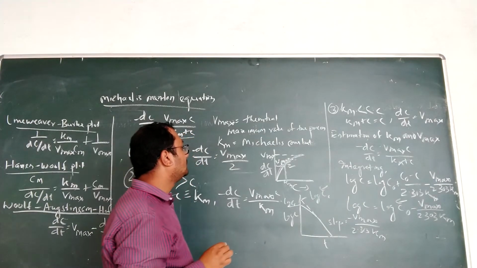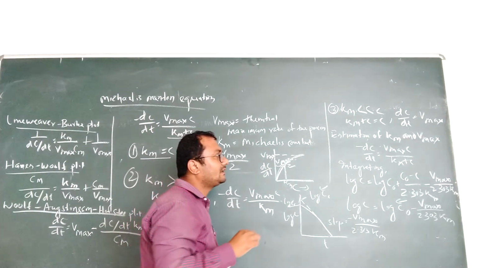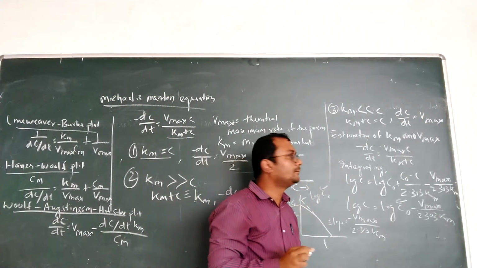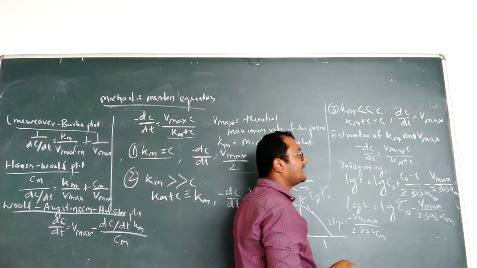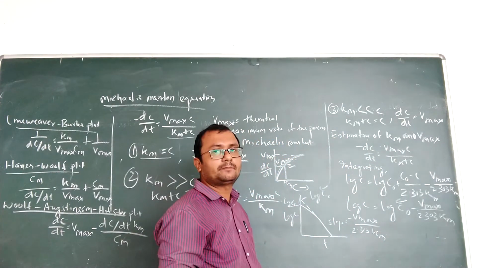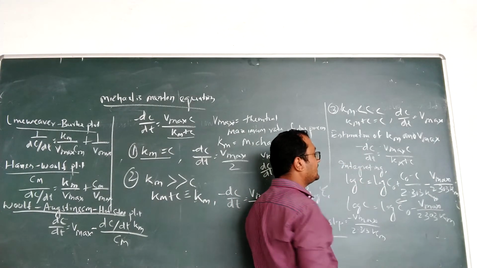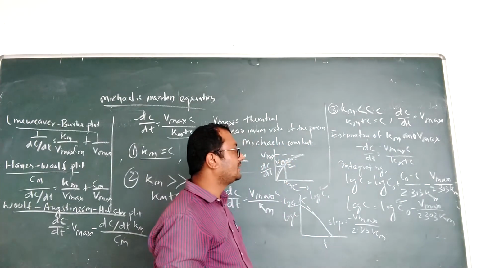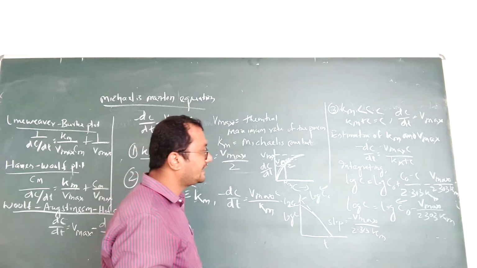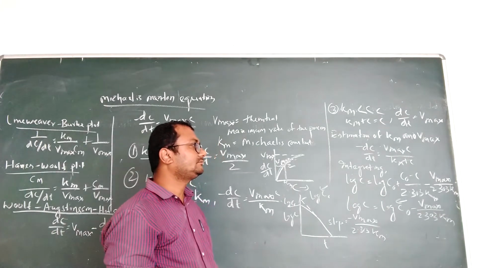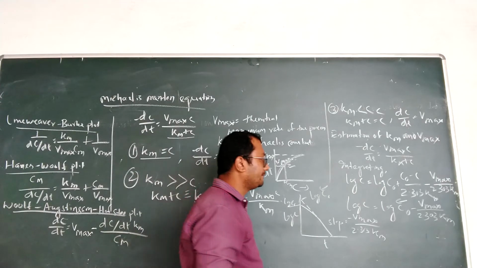Now let us discuss the methods to estimate Km and Vmax values. The main equation is minus dC by dt equals Vmax C divided by Km plus C. If we integrate this equation, we get log C equals log C0 plus C0 minus C divided by 2.303 Km, minus Vmax divided by 2.303 Km.